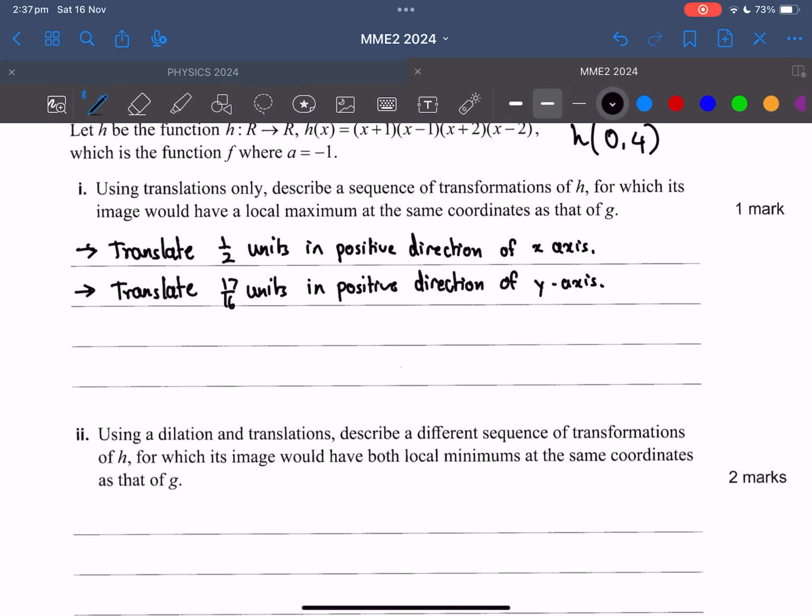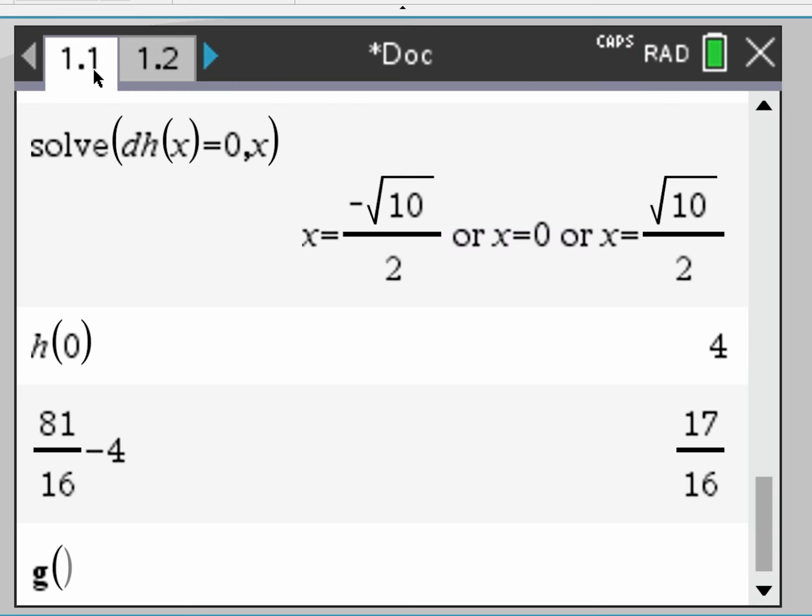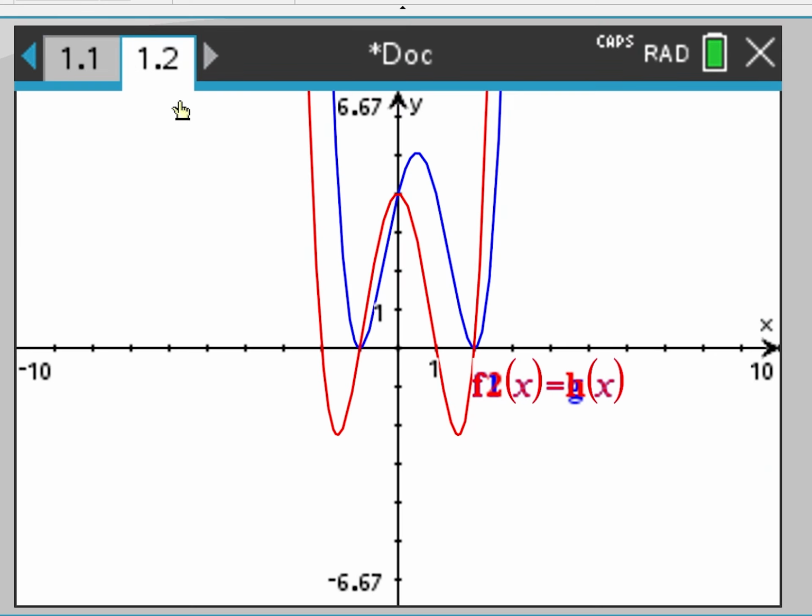Alright. So using a dilation and translations, describe a different sequence of transformations of H for which its image would have both local minimums at the same coordinates as that of G. Okay, so now we have to find the local minimum. So let's find G of, what was the local minimum for G and H?